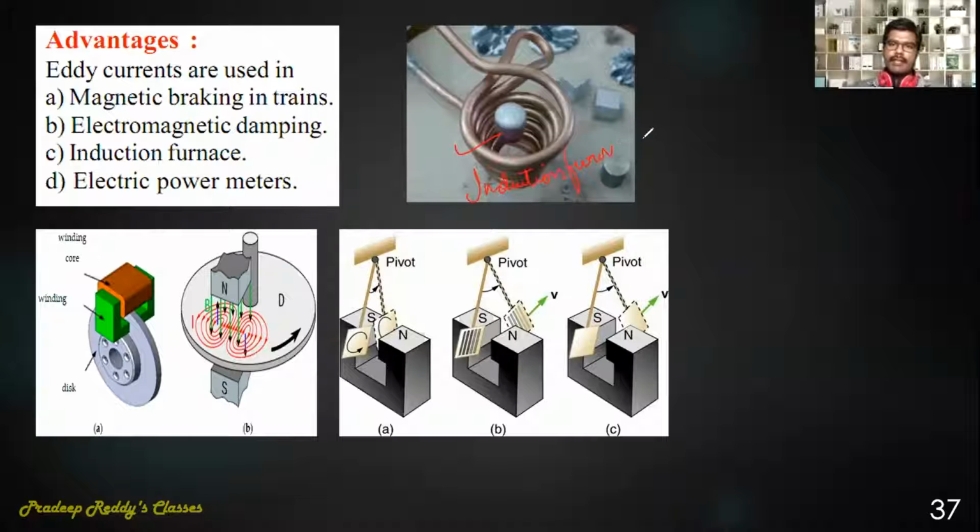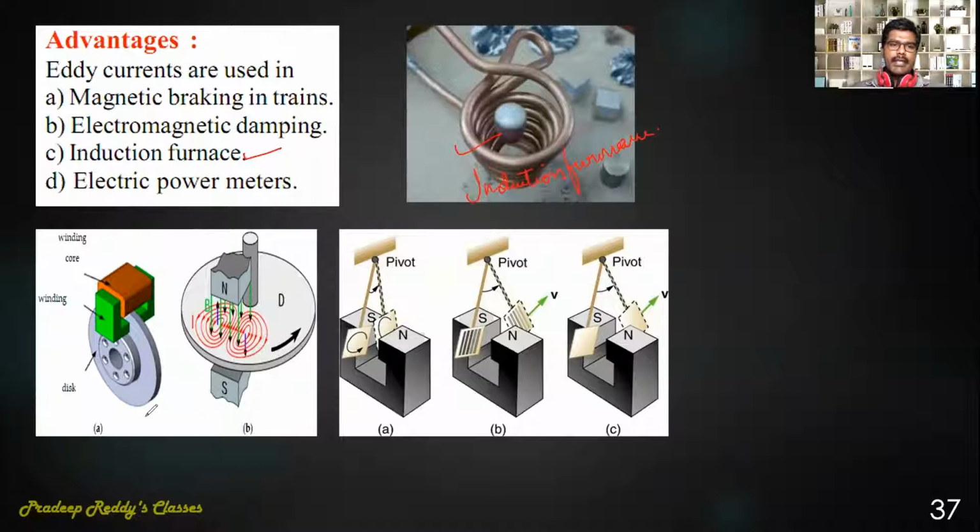Induction cookers work with the same principle. Generally, to melt gold, in all jewelry shops, you will have such instruments where very high temperatures are used within a short interval of time to melt the gold. So that is the induction furnace.